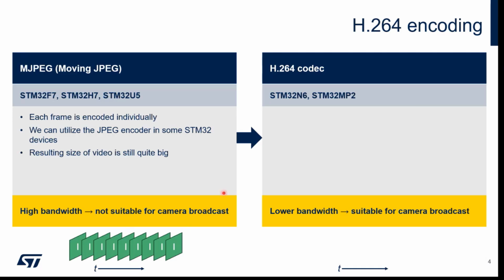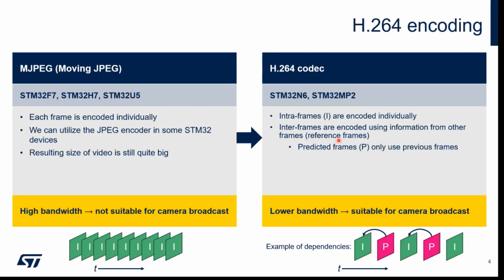And for H.264 or any other video codec, we basically have different kinds of frames. One of them is the intra-frame. These are again encoded individually as in the moving JPEG case, but then we have another type of frame, which are interframes.